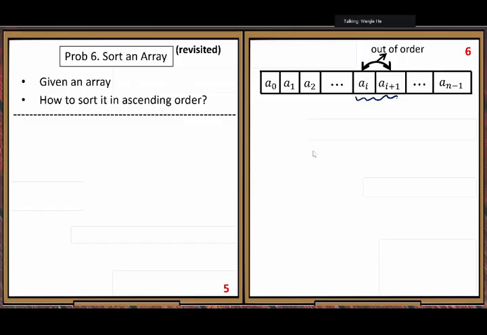Here, let's look at one special pair of elements, within which they are out of order. Based on our understanding, we feel this out of order property is related to the solution.